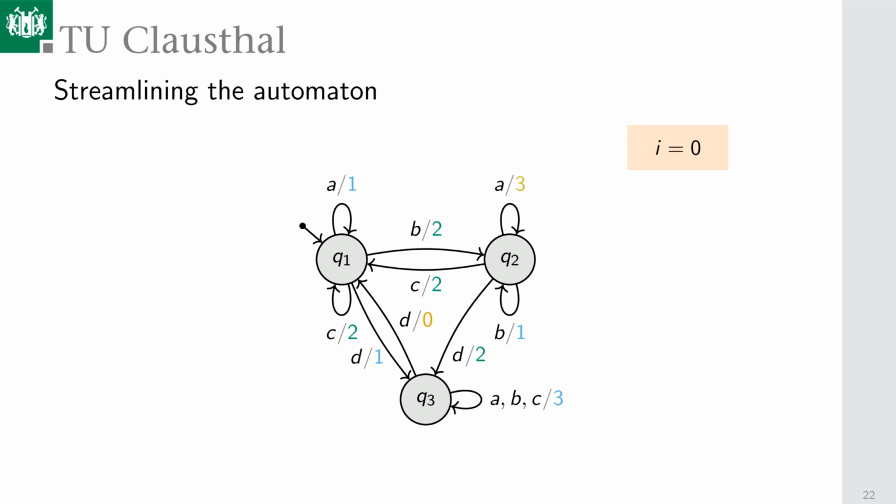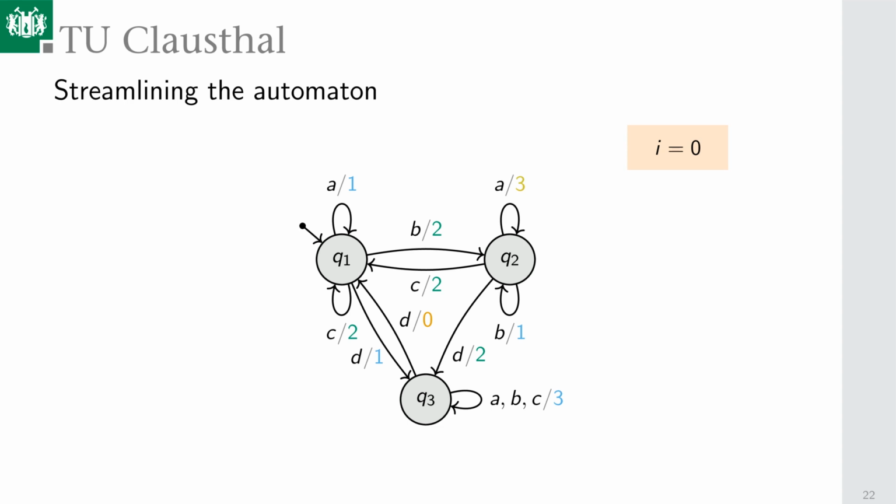For every value i, the streamlining construction first decomposes the part of the automaton not yet recolored into strongly connected components, and it colors each transition between these strongly connected components with the color value i. Here, because we start with a single strongly connected component, there's nothing to do.